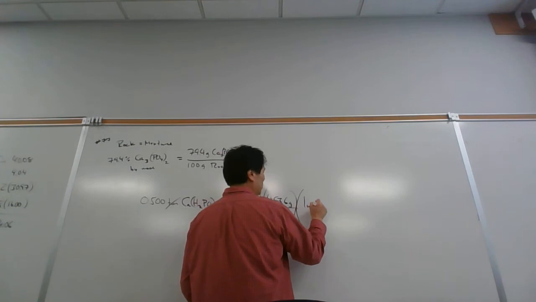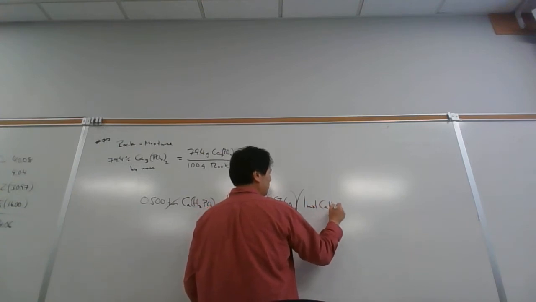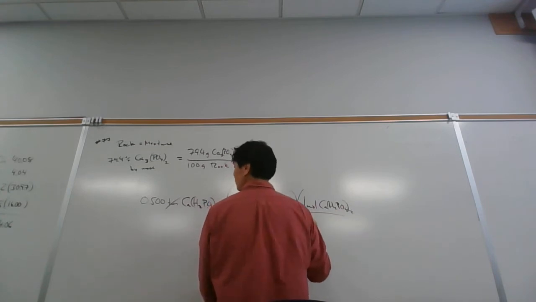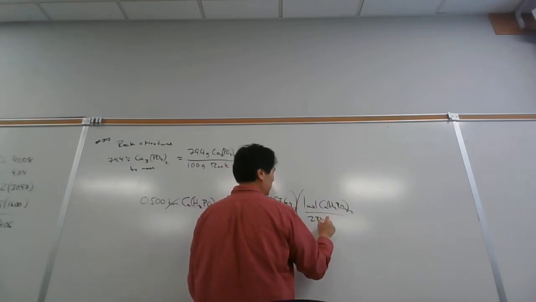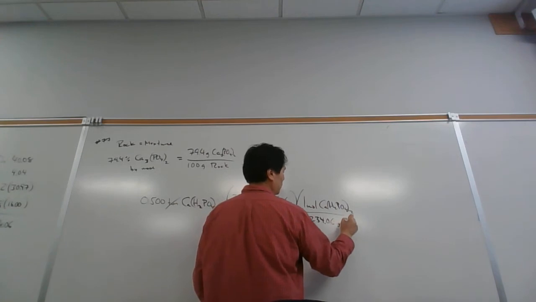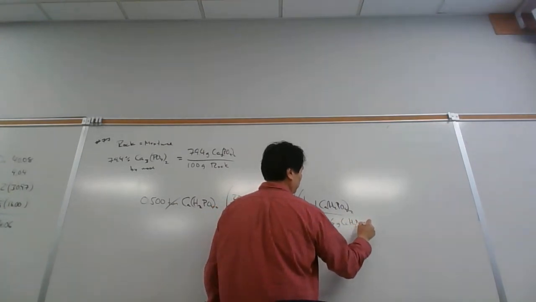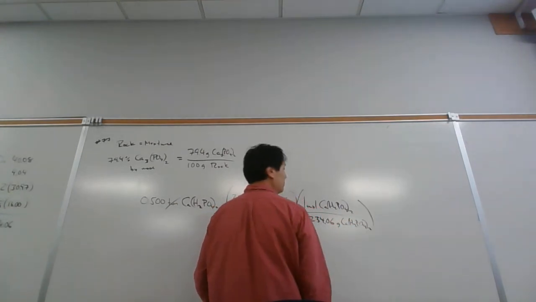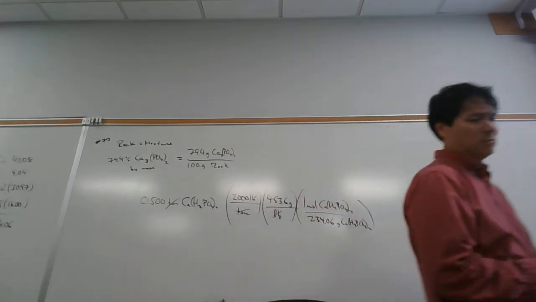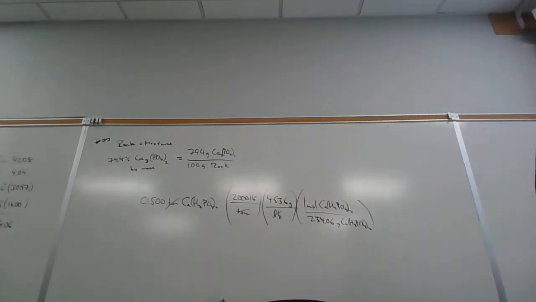So 1 mole of calcium dihydrogen phosphate weighs 234.06 grams. Okay, the calcium dihydrogen phosphate is going to be synthesized from calcium phosphate. And so the mole ratio here is a 1-to-1 mole ratio.